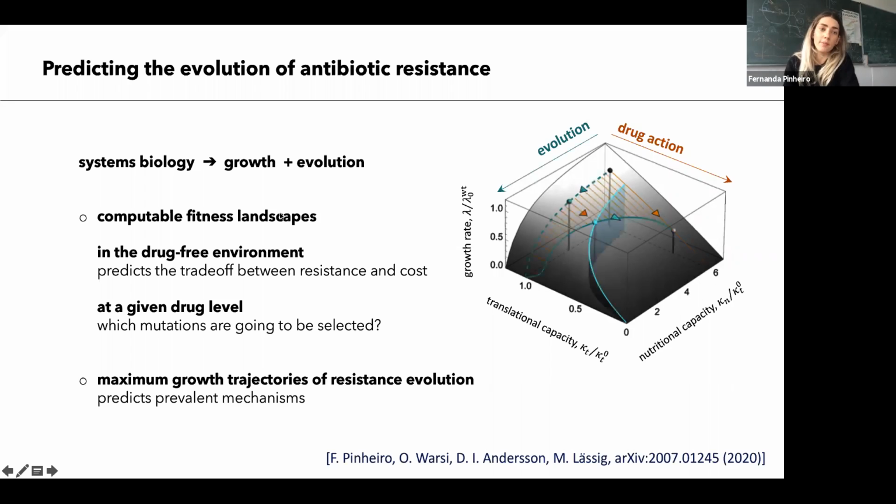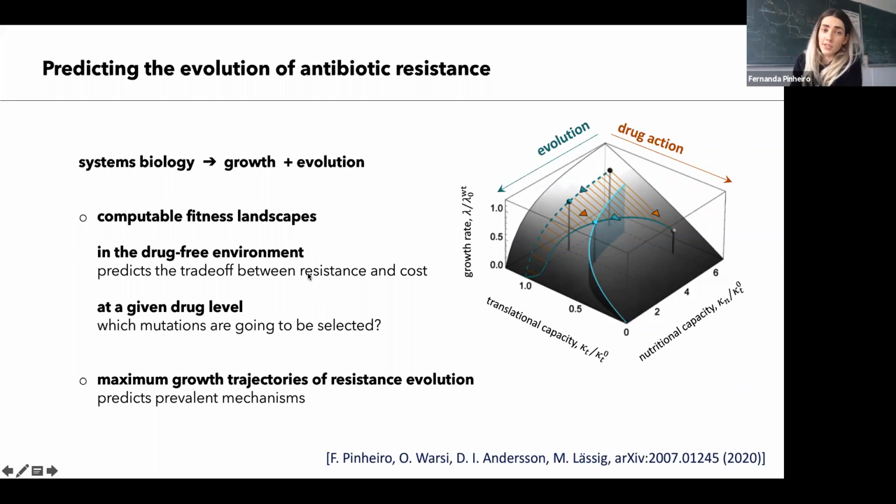And so we build an evolutionary model of antibiotic resistance that is predictive. What our model does is that it establishes computable fitness landscapes in the drug-free environment, so this line that I'm showing here. So you can predict the trade-off between resistance and cost.